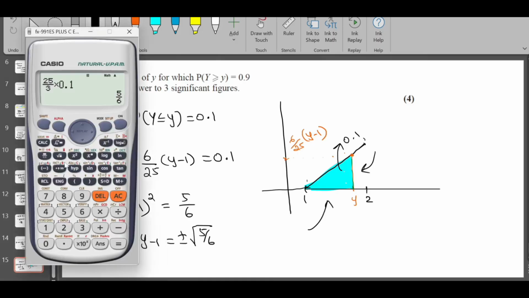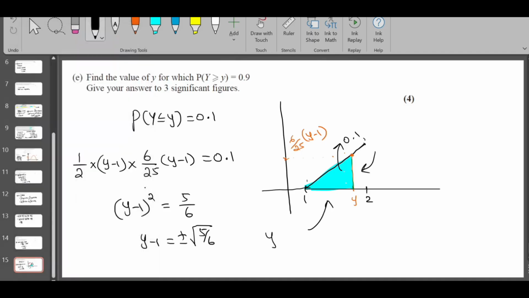Square root of 5 over 6 is smaller than 1 actually. So y can be 1 plus this or 1 minus this, but definitely it cannot be 1 minus this, because that becomes smaller than 1. That means y should be somewhere here, so it should be 1 plus this.